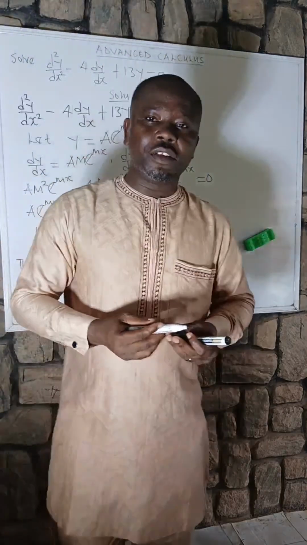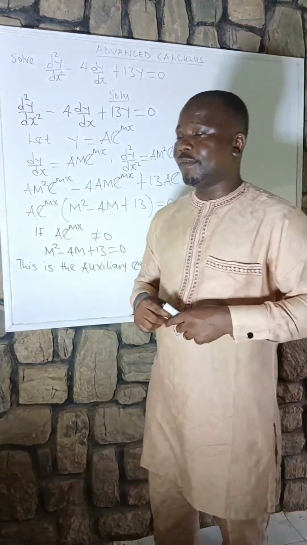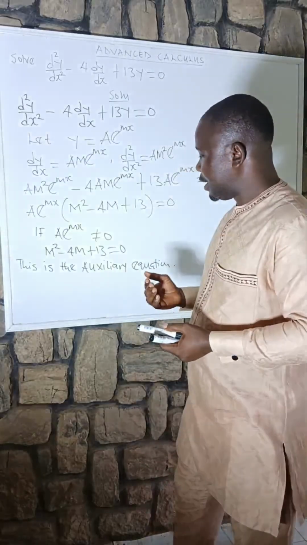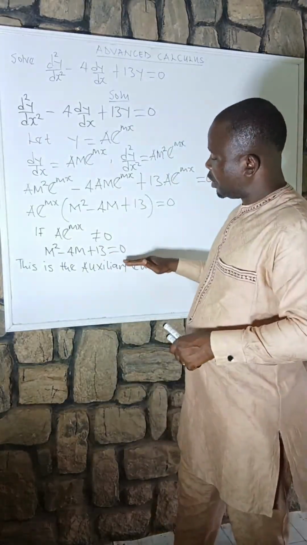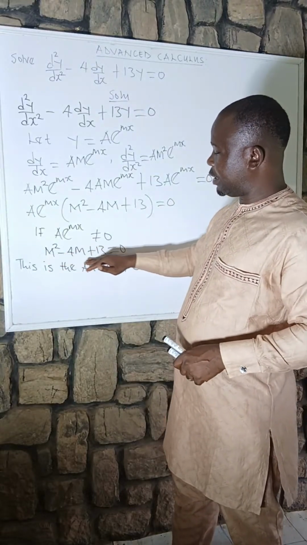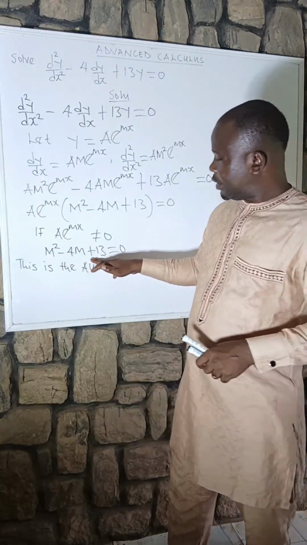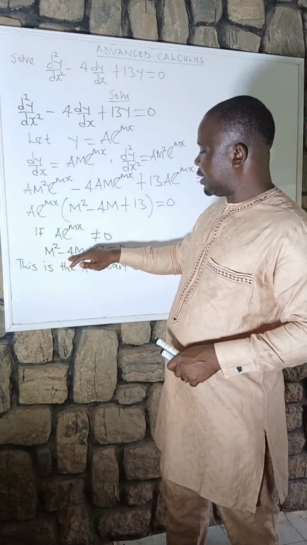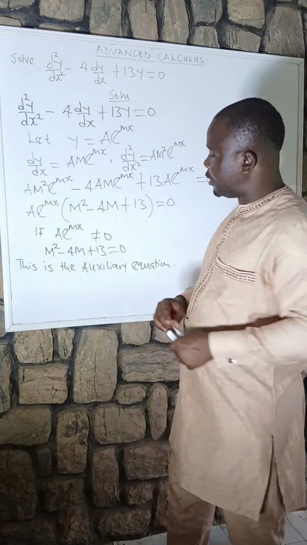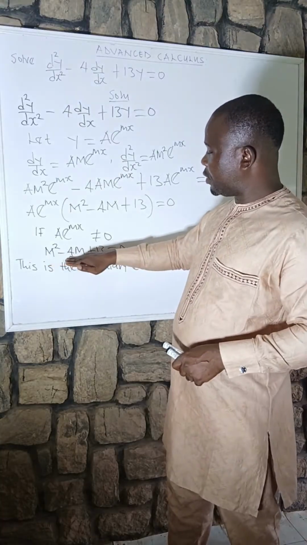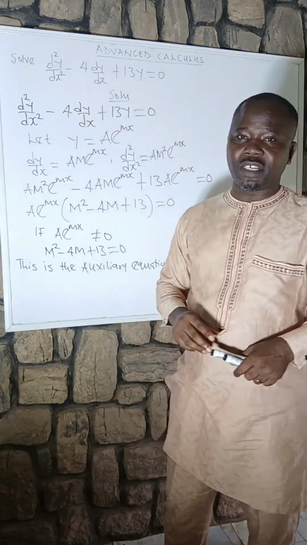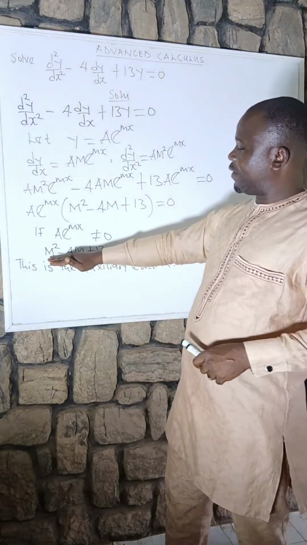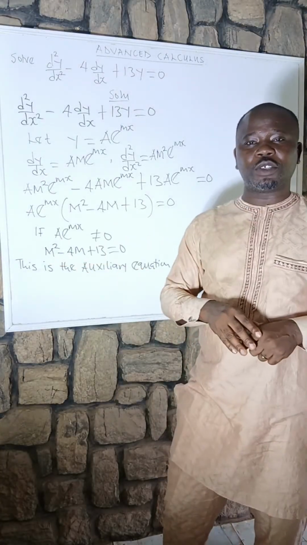Those of you that are familiar with quadratic equations may want to call this a quadratic equation. Yes, it's a quadratic equation, but as long as a differential equation is concerned, this quadratic equation is obtained from this second order differential equation. So we cannot refer to it as a quadratic equation.